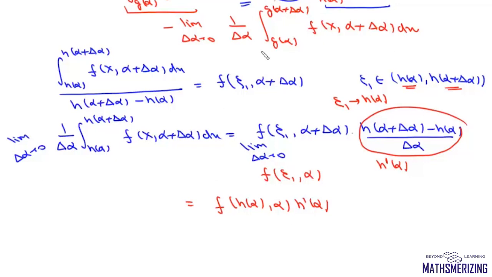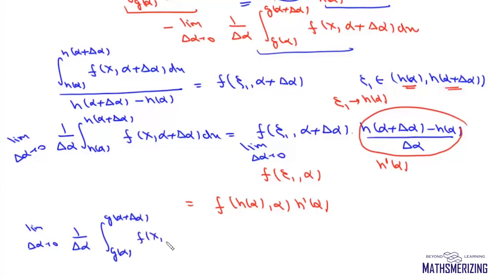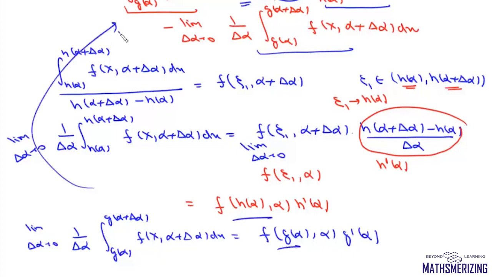And in the same way, for this second part, we can write the limit delta alpha tends to 0 of 1 upon delta alpha, the integral from g alpha to g(alpha plus delta alpha) of f(x, alpha plus delta alpha) dx, it will be equal to f(g alpha, alpha) into g dash alpha, again using the mean value theorem for integrals. So now we'll substitute these two results in the formula.